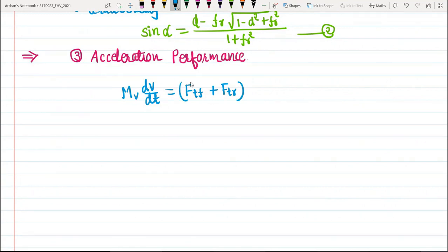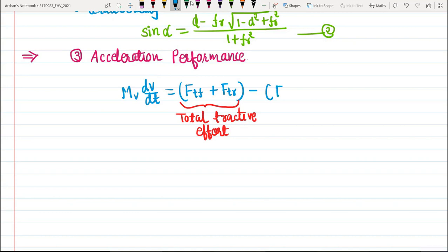Okay, this is my total tractive effort, right? This term is nothing but the total tractive effort, and this total tractive effort is to be subtracted from the total resistance.